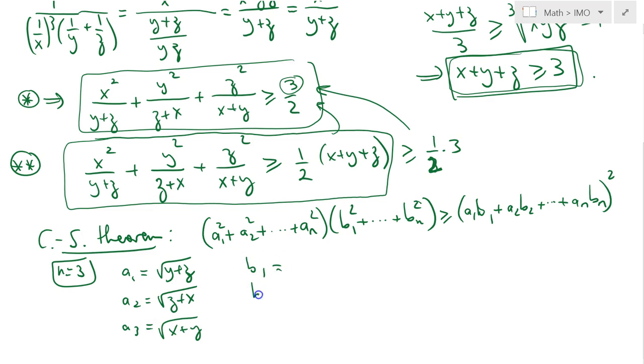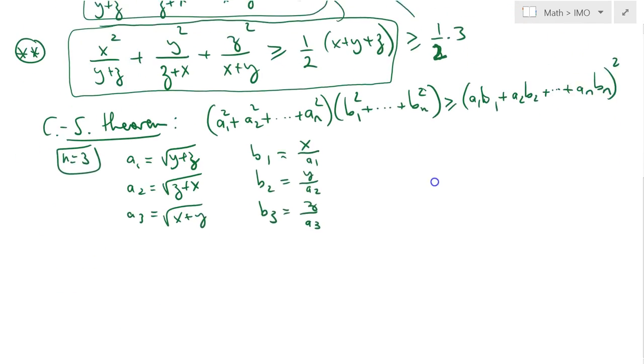For b1, b2 and b3 I will use x over a1, y over a2 and z over a3.